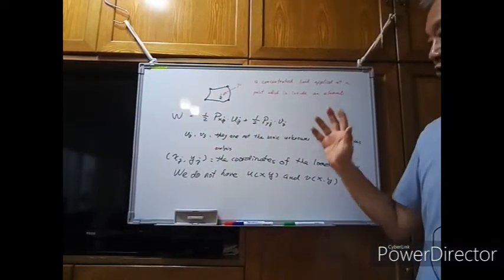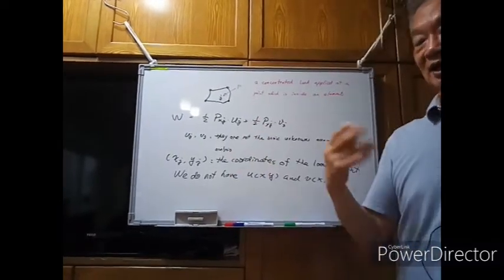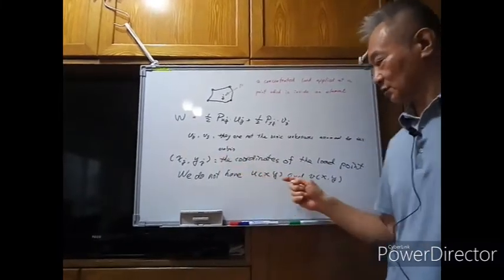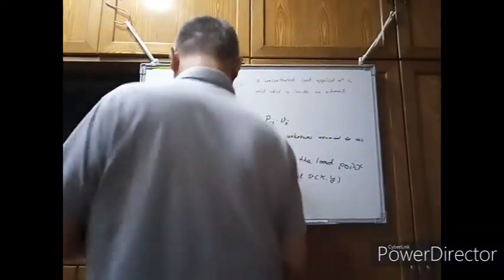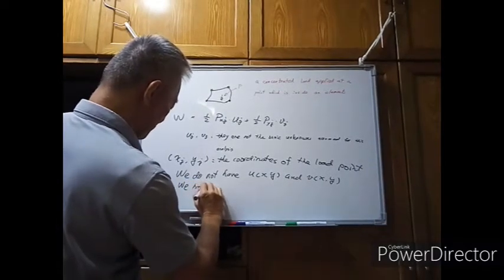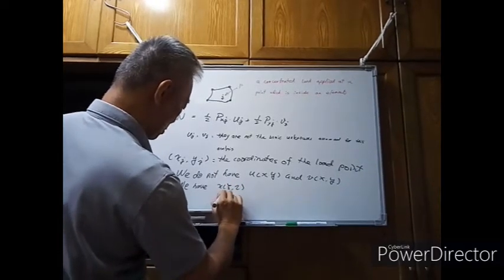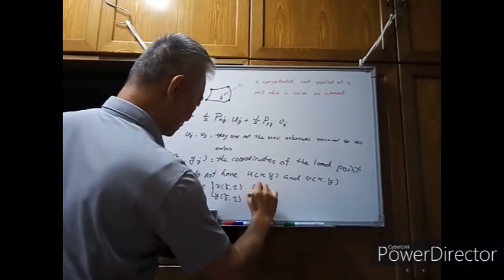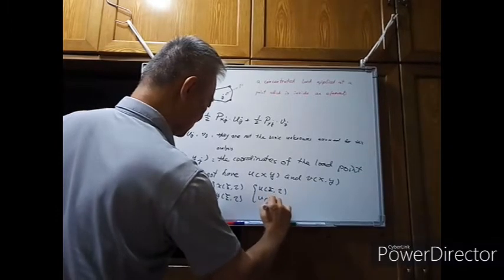Okay, so we have the u of xi and eta. We have the v of xi and eta, but we do not have the u of xy and the v of xy. Okay, but we have the x of xi and eta, y of xi and eta. Also, we have the u of xi and eta and the v of xi and eta.